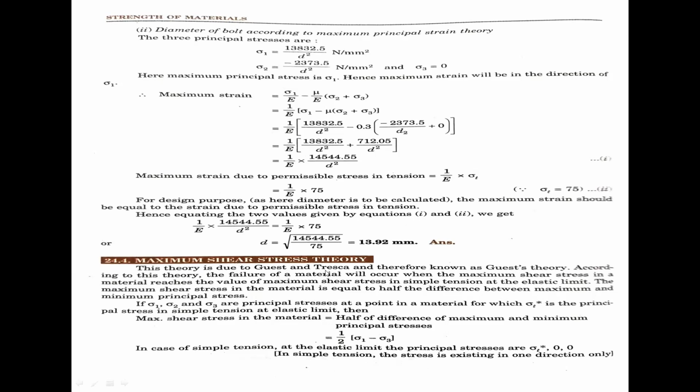Maximum shear stress, another name is Guest's theory. You remember that. Another one is the maximum strain energy theory, that is the fourth one.